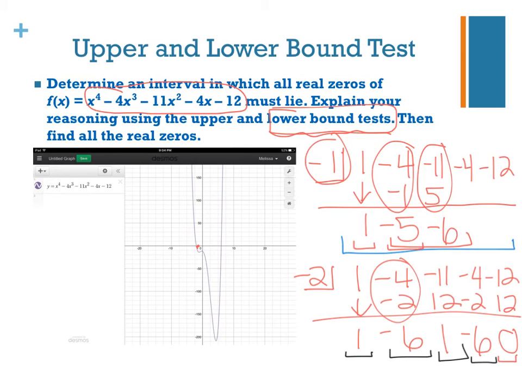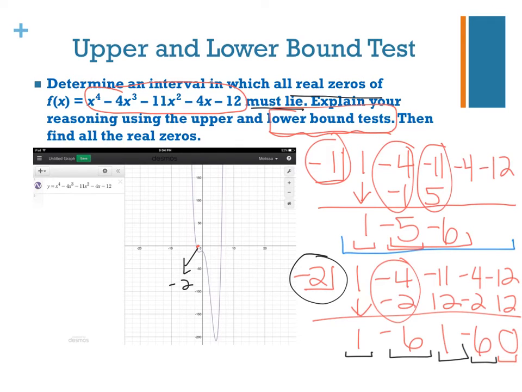However, if I conclude that this is my lower bound, what happens is this 0 right here is at -2. Again, our goal is to find an interval in which all real zeros of the function lie.